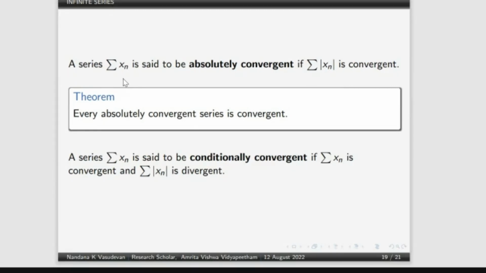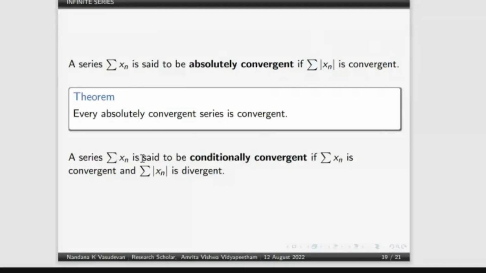Now, what if it is not convergent? That is, summation mod xn is not convergent. That is where we usually apply the Leibniz test, right? In that case, when the absolute convergence test has failed, we'll be looking for the Leibniz test. So there comes the definition of conditional convergence.